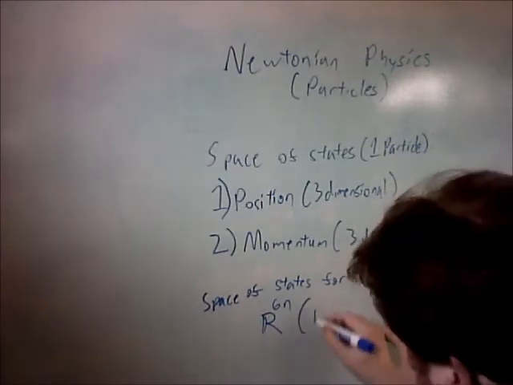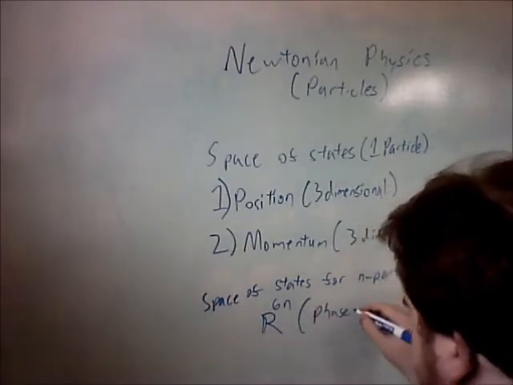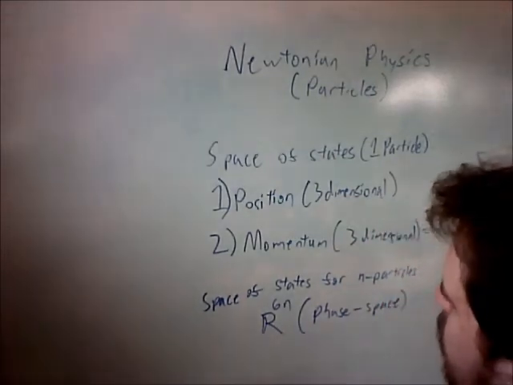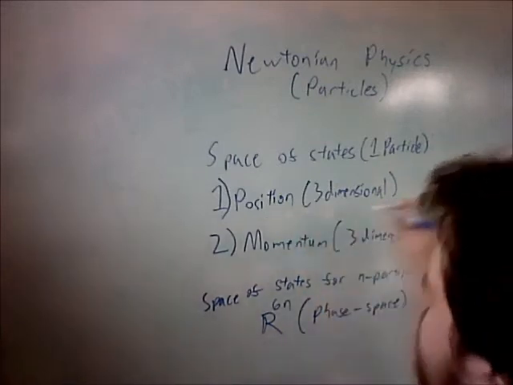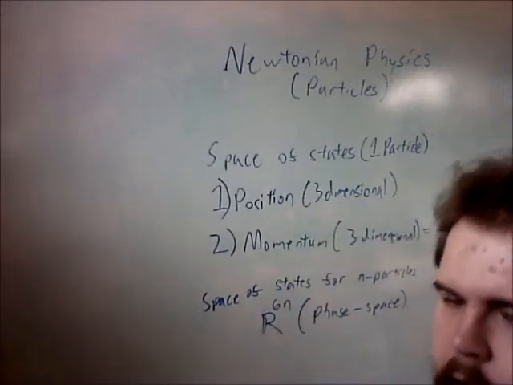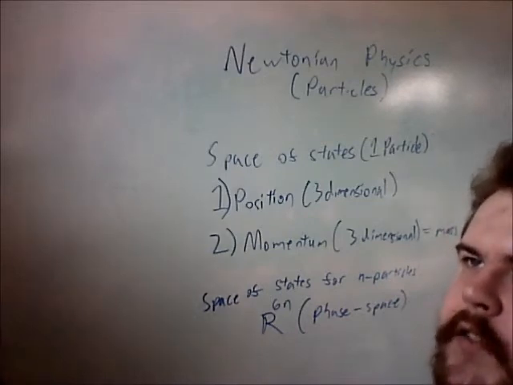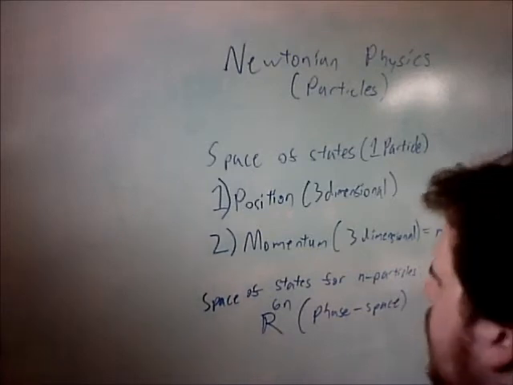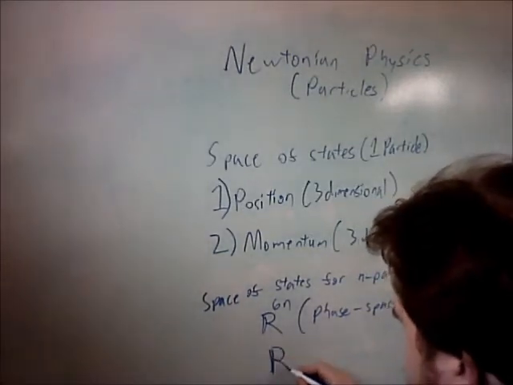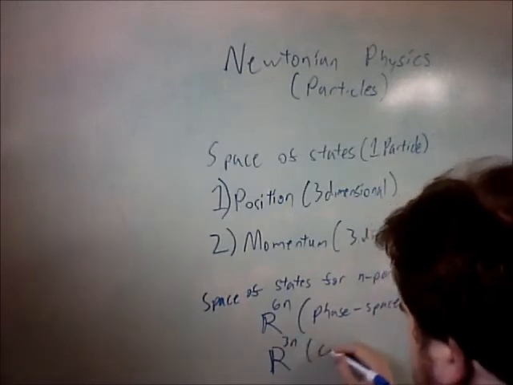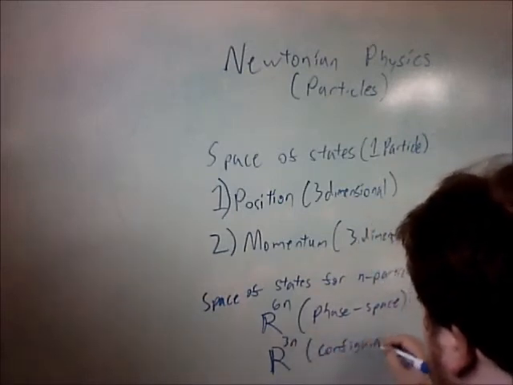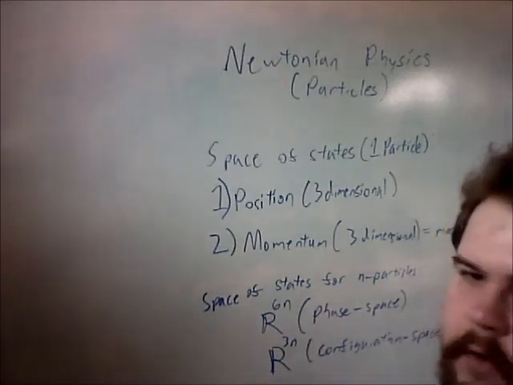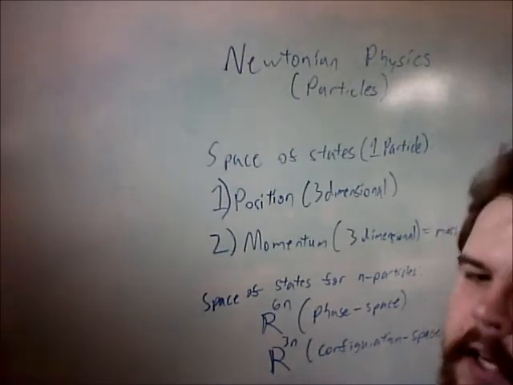In Newtonian physics, this is called phase space. There's another space, which is just the set of positions, and for certain kinds of interactions, that can be sufficient. That space is R to the 3n, and that is called configuration space. Now note, we're not taking into account things like electric charge and other potential variables.